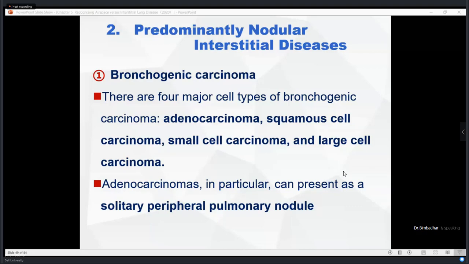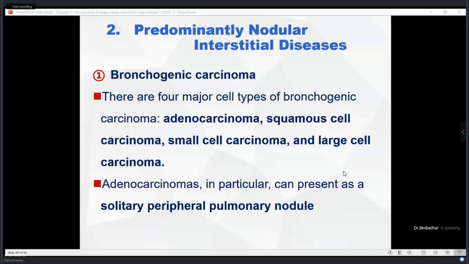Don't forget the complete name: it is called fine needle aspiration cytology or biopsy. It is a pathological study. Pathological studies are the gold standard for the confirmation of lung carcinoma.